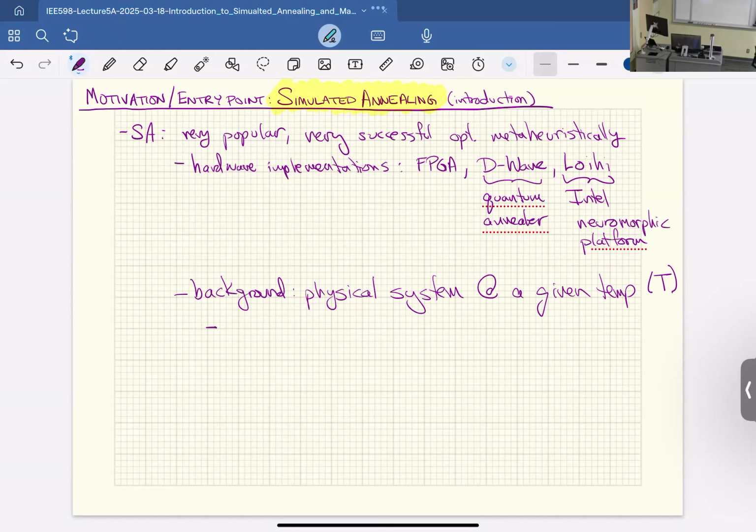That system can be described as having many different so-called microstates.